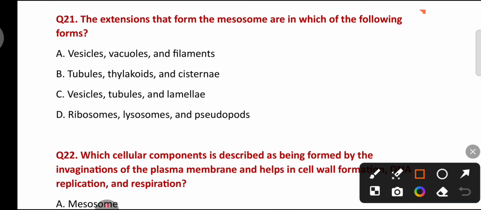Vesicles, vacuoles, and filaments; tubules, thylakoids, and cisternae; vesicles, tubules, and lamellae; ribosomes, lysosome, and pseudopods. Vesicles, tubules, and lamellae.